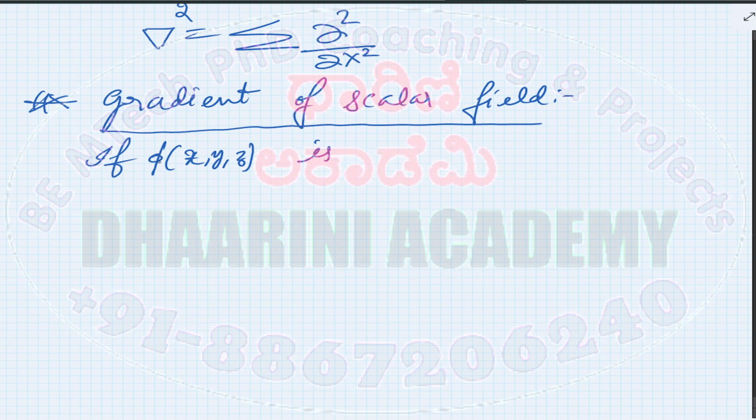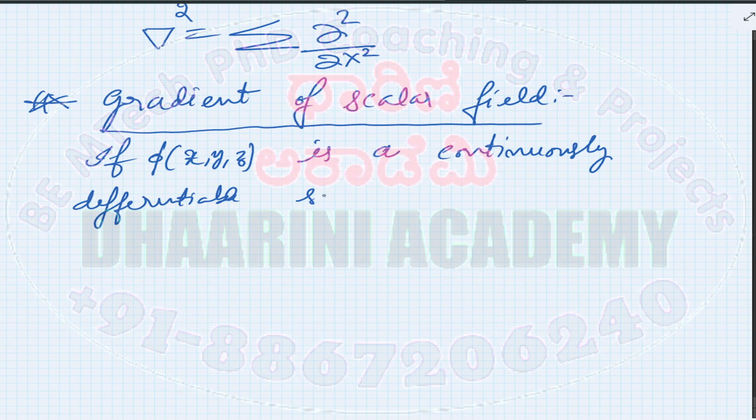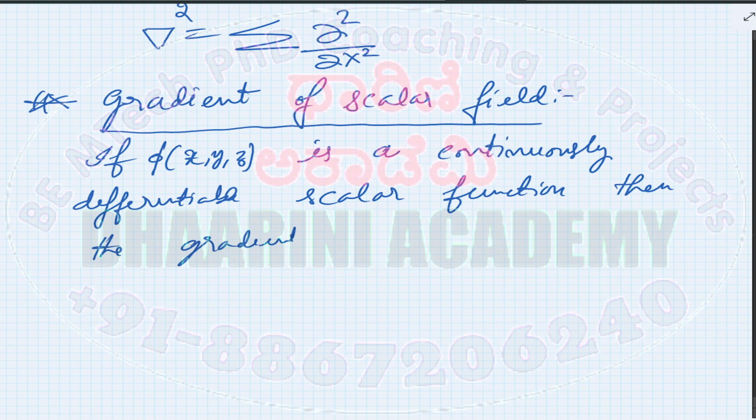Okay, so phi of x, y, z is a continuously differentiable scalar function, then the gradient of this given function phi, how do you read this?